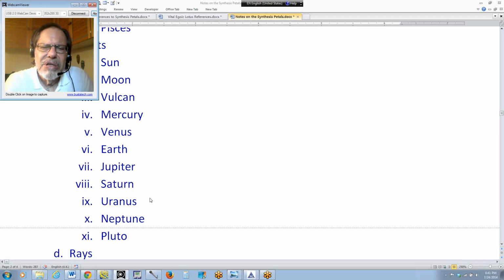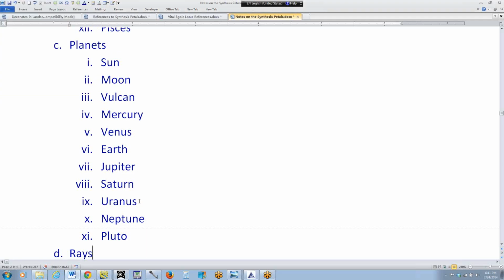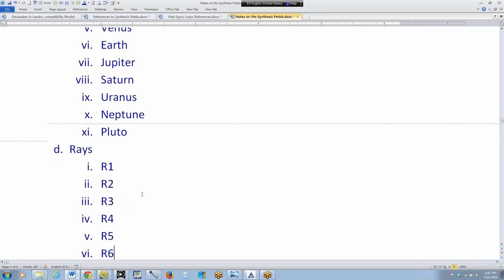All right, so that should get us started with the main planets. Maybe I should have started with the rays, but the rays are quite synthetic, and we can end with them. Maybe the wise thing to do would be to make a program for each of the three petals.